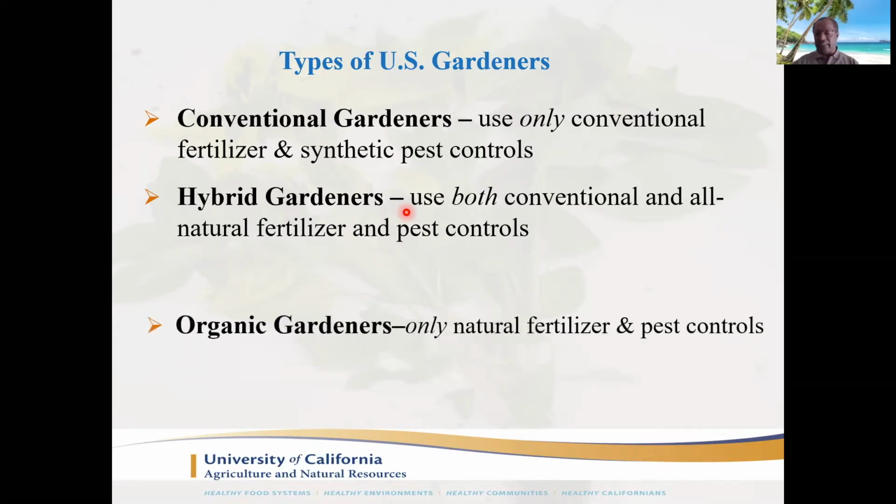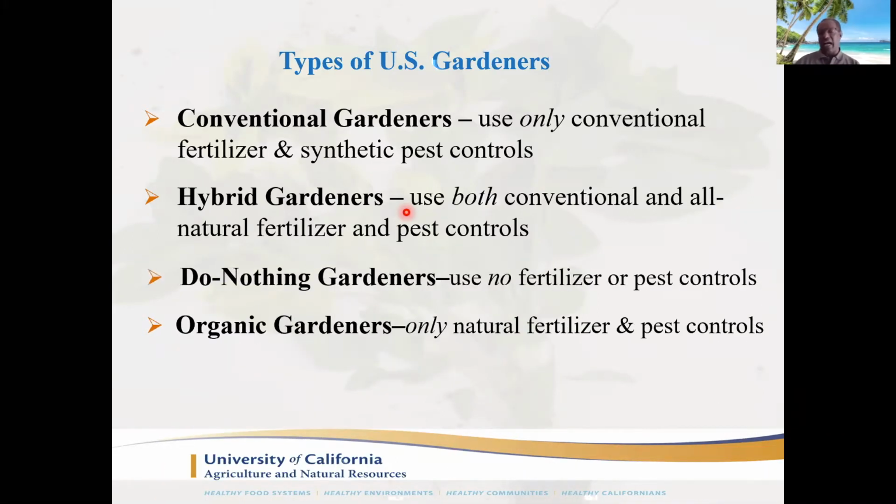And then there are organic gardeners. Those are simply gardeners who are only using natural fertilizer and the natural pest control approach. But outside of all those, there are the do-nothing gardeners.